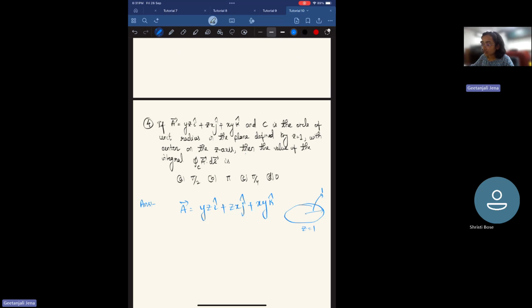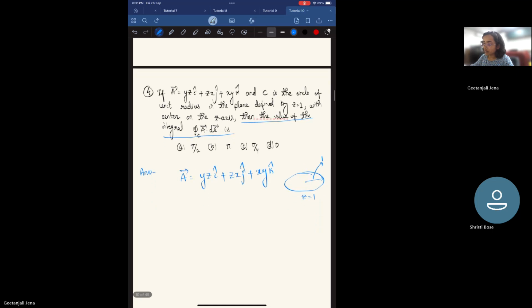For this, you need to calculate the value of the line integral of A dot dl around this circle. So calculate it and let me know the answer. First try to calculate it. Let me see whether you are able to get the answer or not. After that, I will show you the solutions.